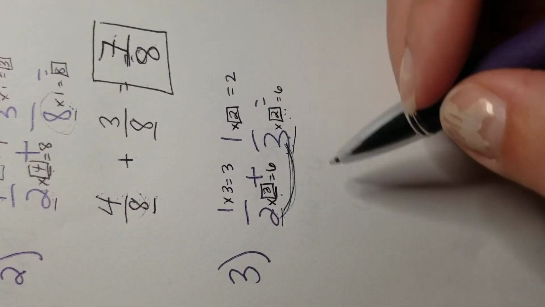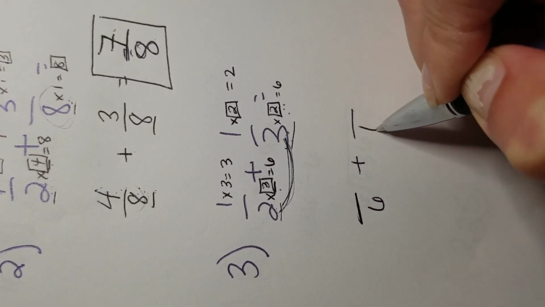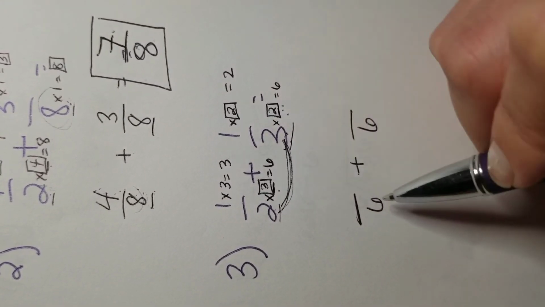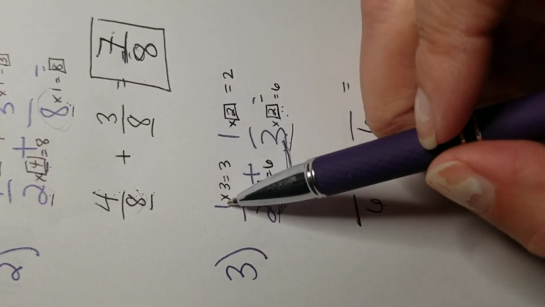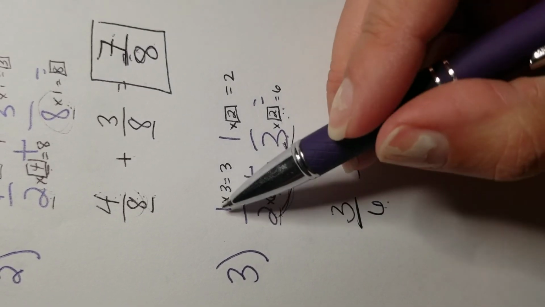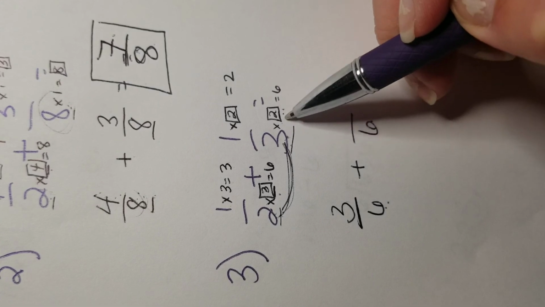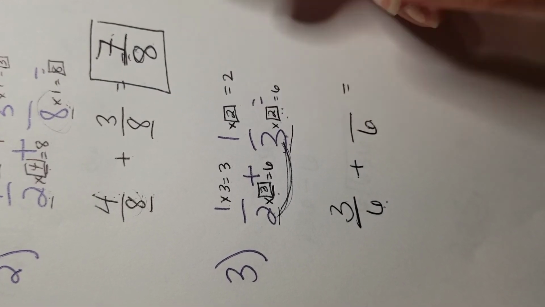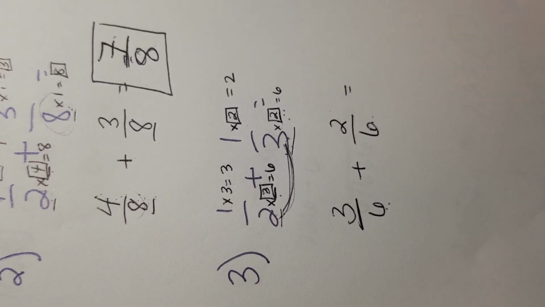So that means our bottoms, or our parts, are 6. We got that from 2 times 3 is 6, and 3 times 2 is 6. And then we did 1 times 3, so we got 3. So 3/6 is the same as 1/2, which it is. And we did 3 times 2 to get 6, 1 times 2 to get 2. So 2/6 is the same as 1/3.